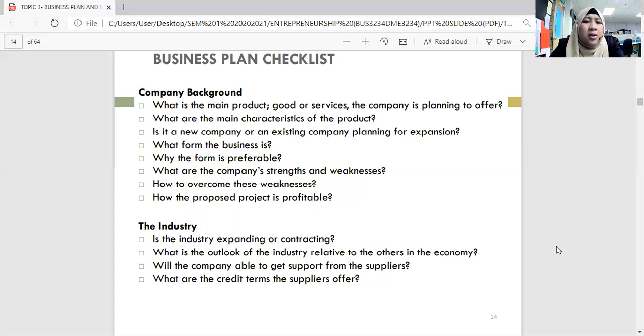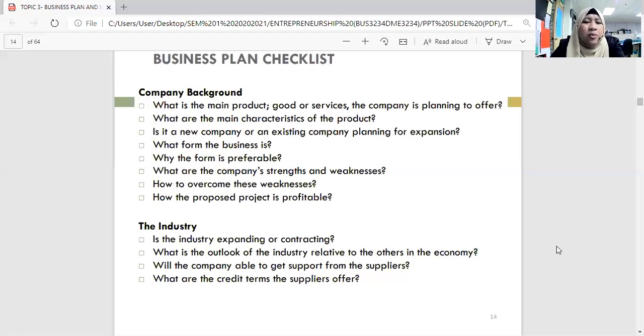So what form the business is, whether it's a sole proprietorship, a partnership, or maybe a private limited company. You have to mention it, and why the form is preferable, and what the company's strengths and weaknesses are. You also have to highlight, of course, more on strengths, but also the weaknesses, because a company will not be 100% perfect, right?